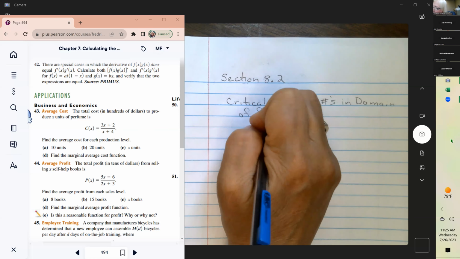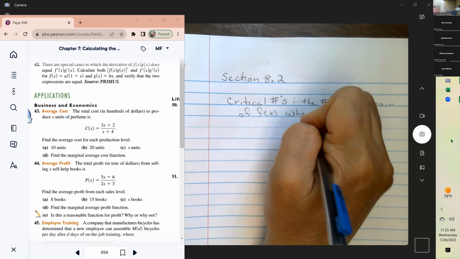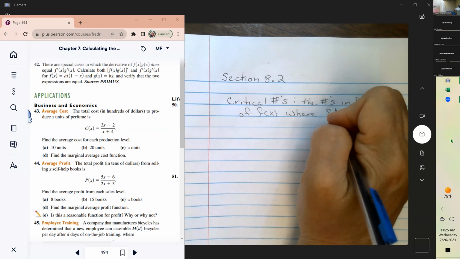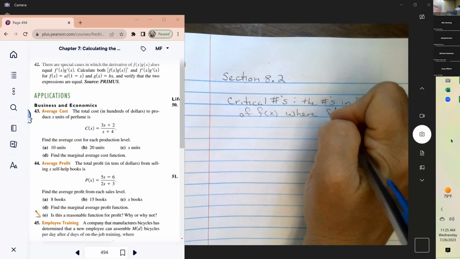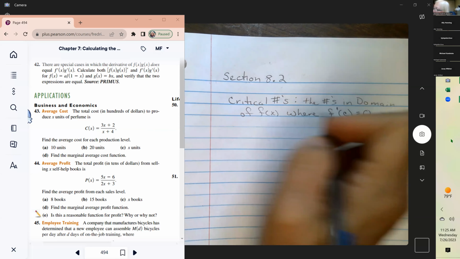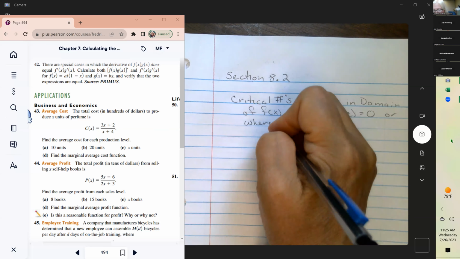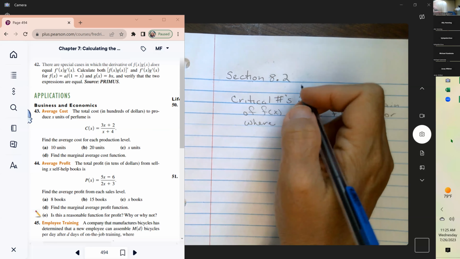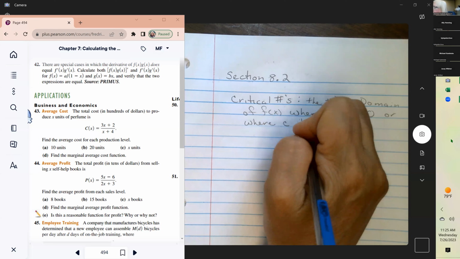of f of x, where the derivative equals 0, or where it does not exist.